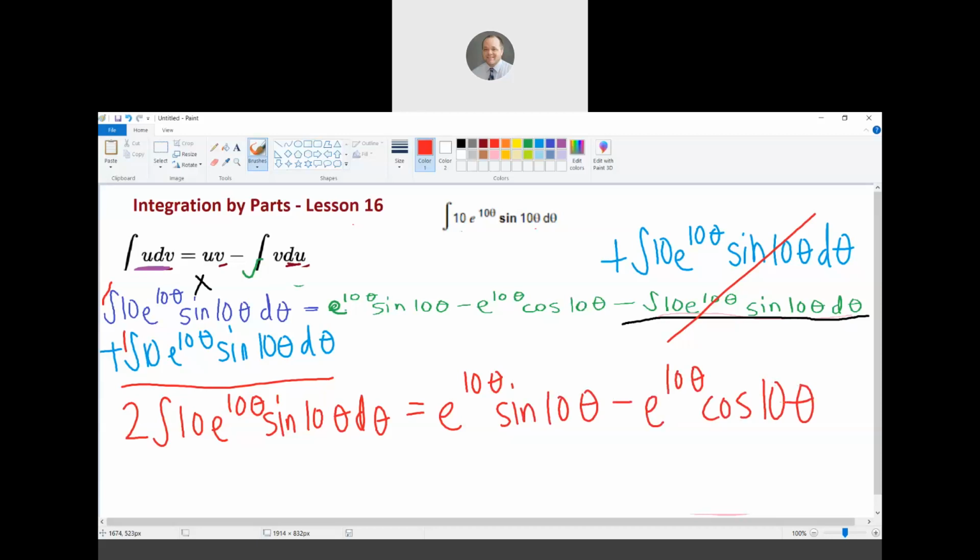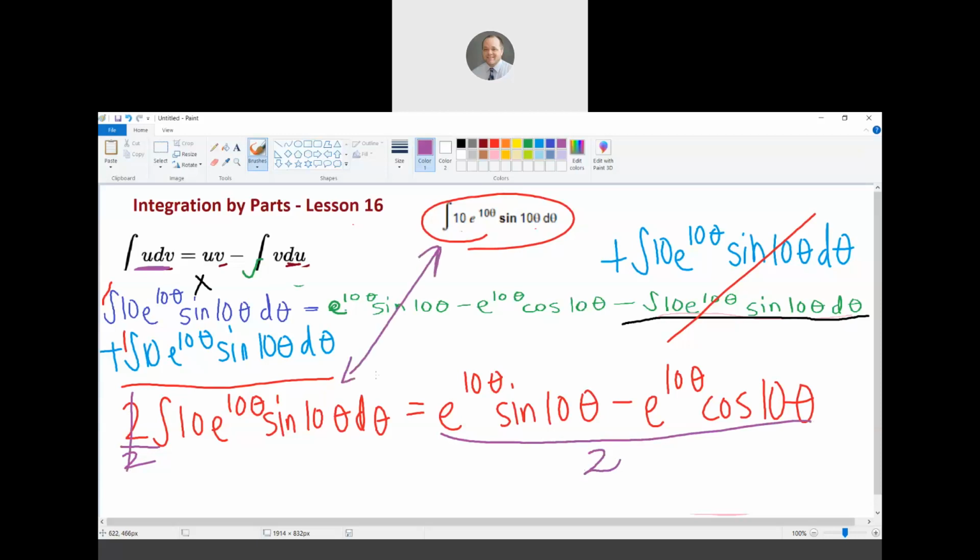Now, what we were trying to solve for was this actual problem. But we got that 2 in front of the integral. So the very last step is divide both sides by 2. On the left-hand side, the 2's cancel, and you got the original problem that you're trying to solve.